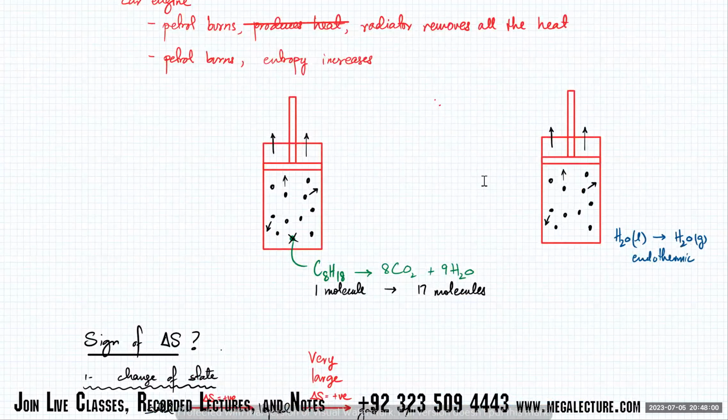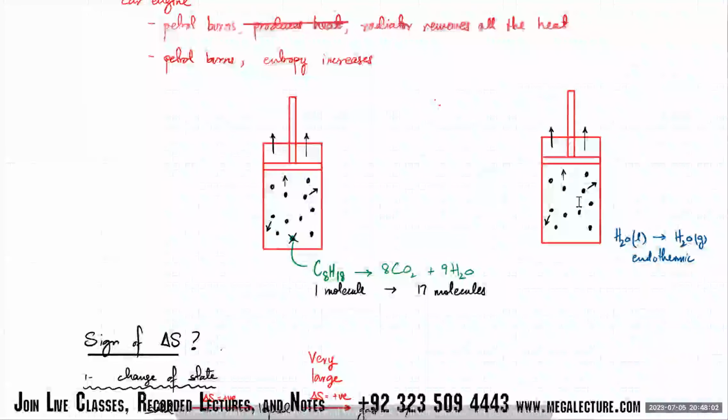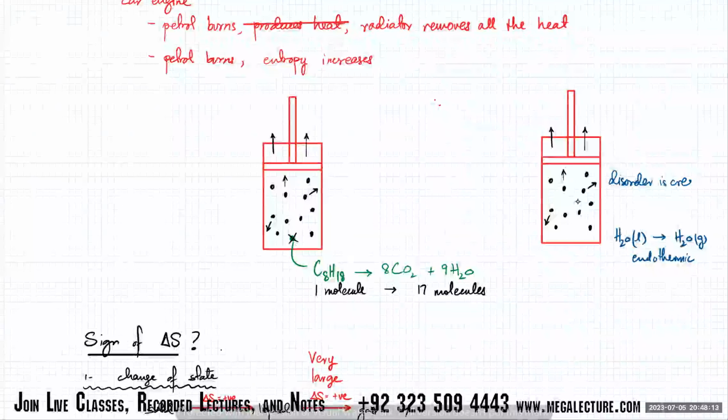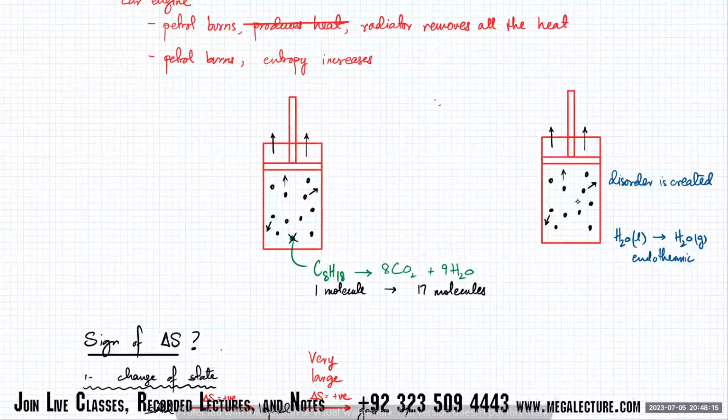There was a basic concept that whenever disorder gets created, so when you boil water and it turns into steam, disorder is created. What happens when the disorder gets created? The piston moves up, so work gets produced.